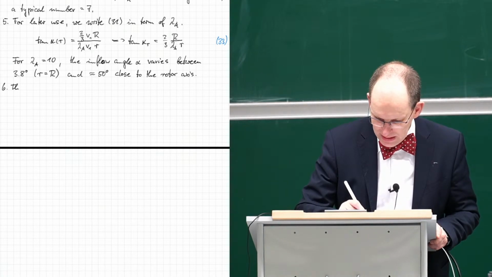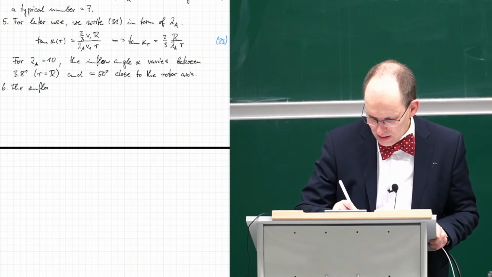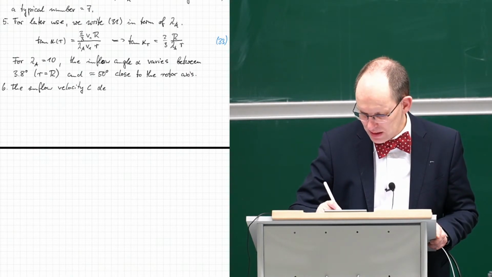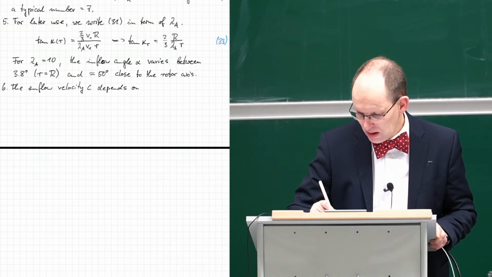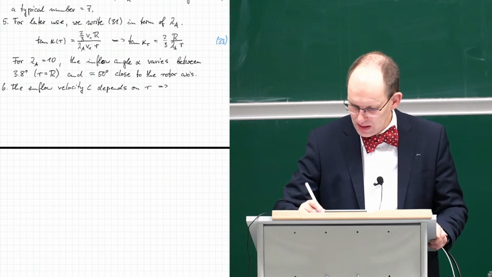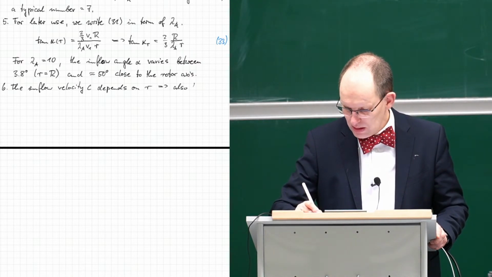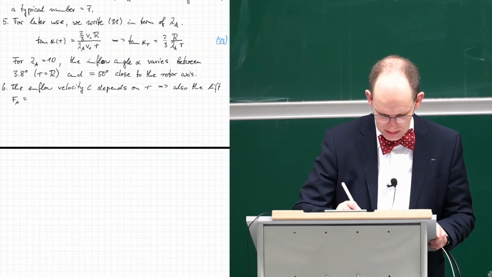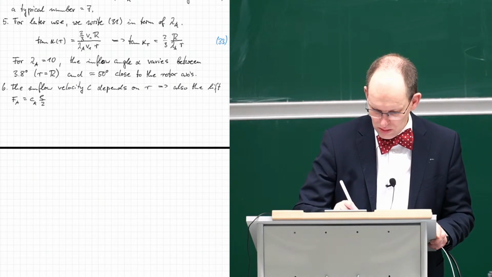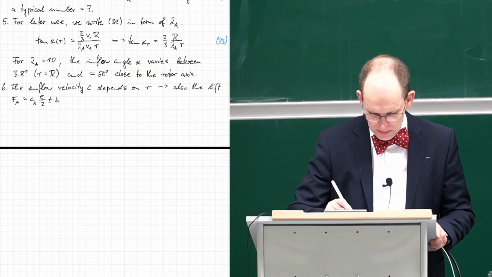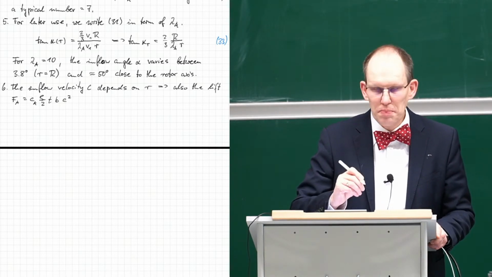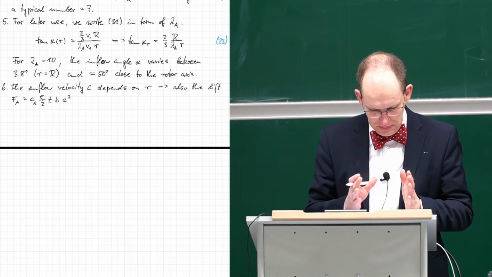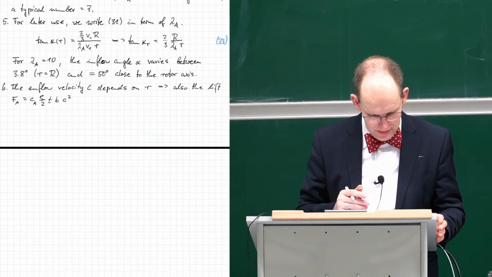The inflow velocity C depends on R, and this means also the lift FA, given by CA times rho half T times B times C squared. So B, this is the length of this plate element. We'll make a dB, a differential out of it soon.